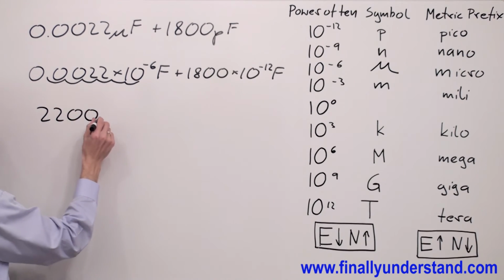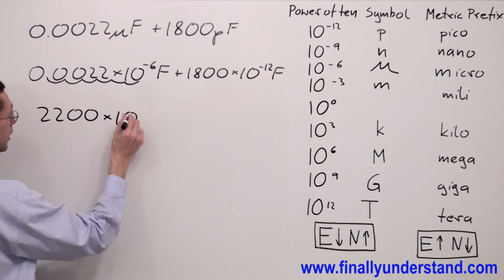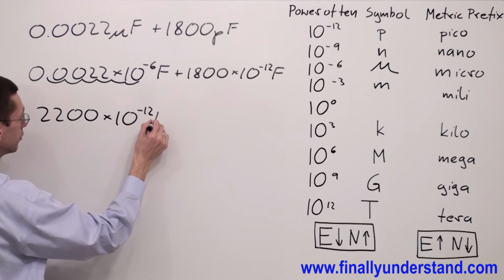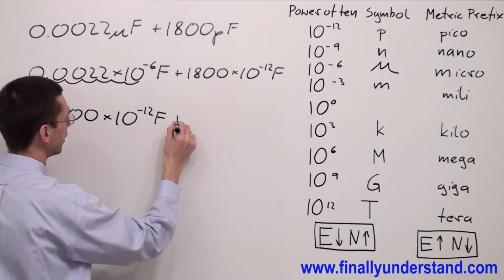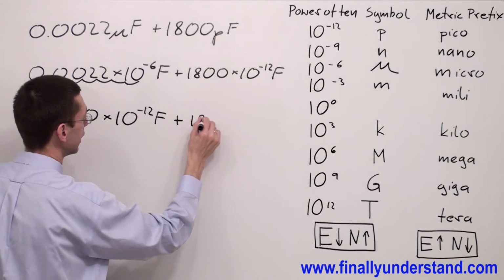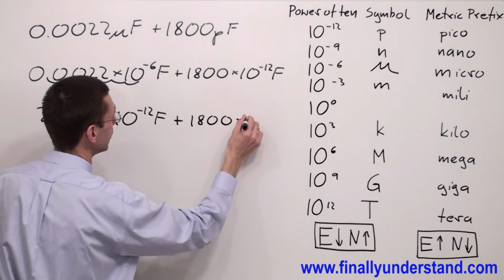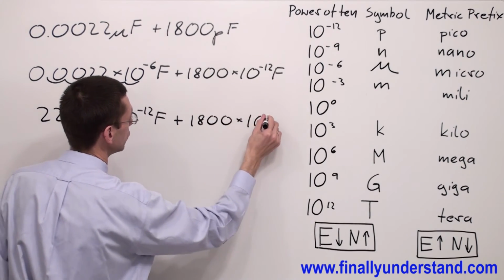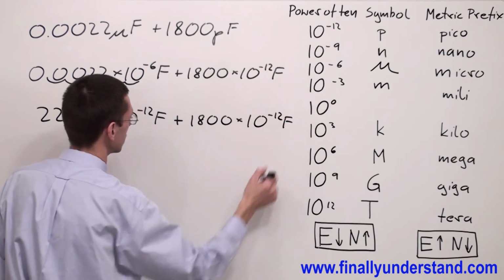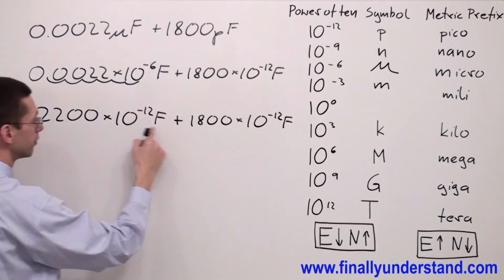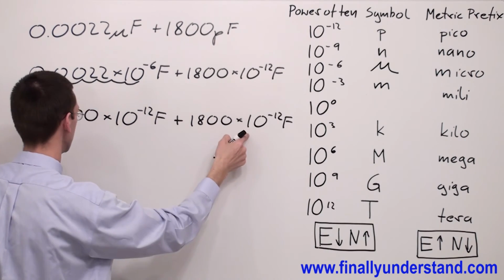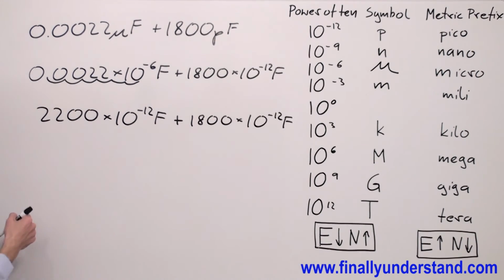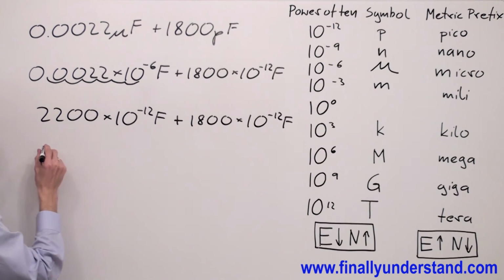That's why this number is going to look like this right now. 2200 times 10 to negative 12 farads plus 1800 times 10 to negative 12 farads. Because I have identical powers of 10, I'm going to add these two numbers first.